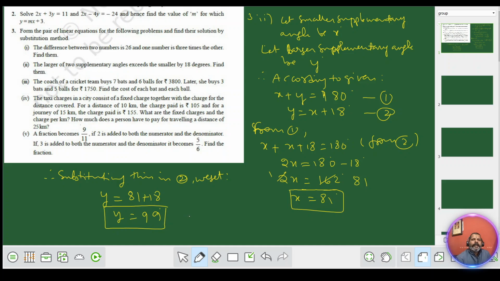Very simple. Please, I always tell you, verify the answers. We know supplementary angle is 180 degrees, right? Together the two angles, just add the angles you got, it should make up 180 degrees, right? Okay, we'll move on.